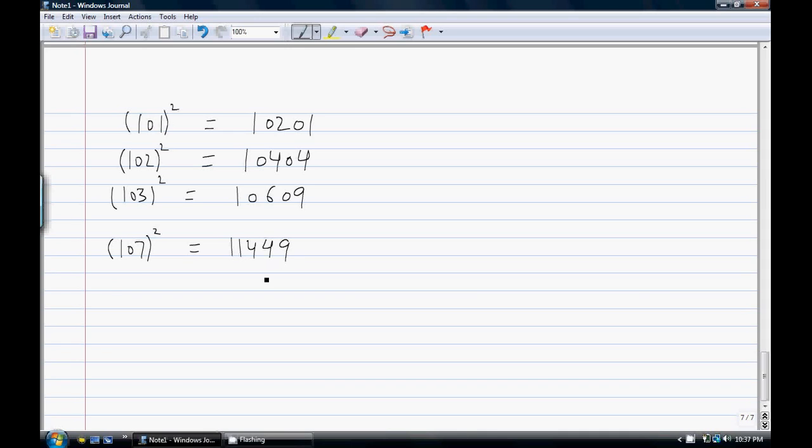So how do I come up with this formula? If you look carefully, 100 plus x square is equal to 10,000 plus 200x plus x square.